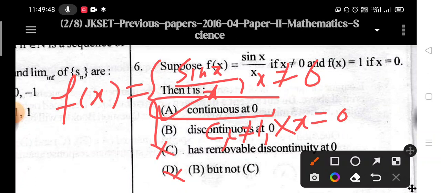If I place anything other than 1 at x equal to 0, then this function will be having a removable discontinuity. So if this function can have a twist, then this is the maximum twist that examiner can put in this very question. So this is all we have from question number 6.